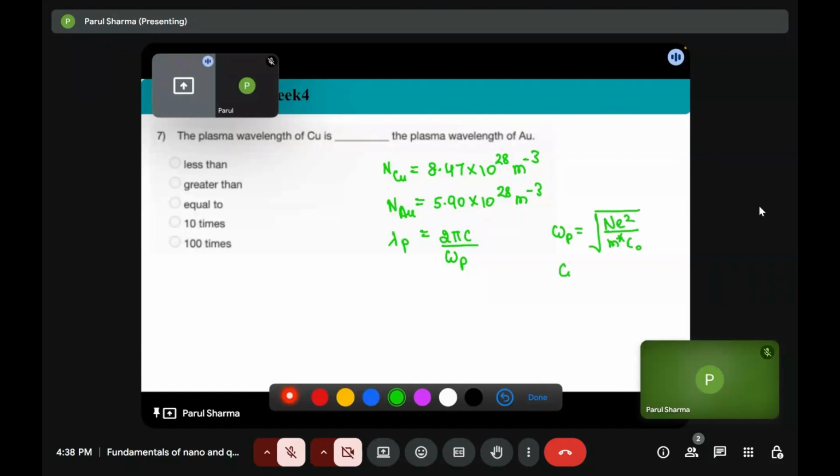We can say that omega p is proportional to the square root of n, so lambda p is proportional to 1 by the square root of n.